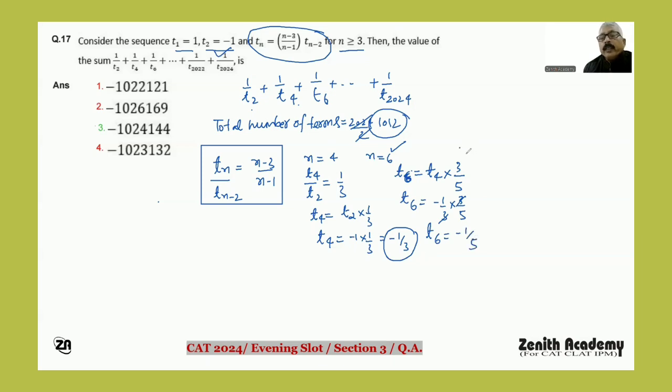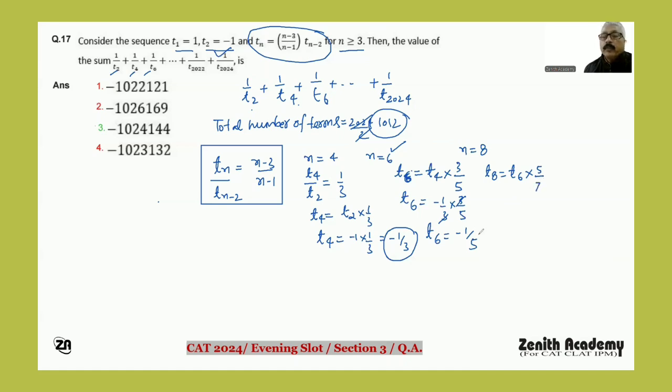So if I put n is equal to 8, 2, 4, 6, next is 8. So 8 is going to be T8, T6, right? And 8 minus 3 is 5 upon 7, 8 minus 1, 7.